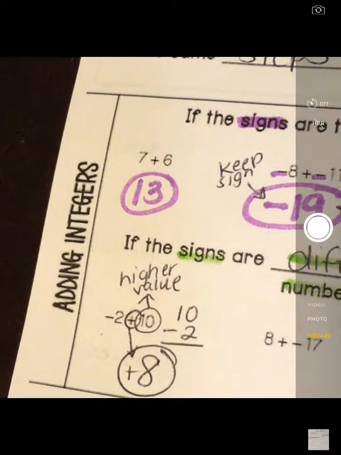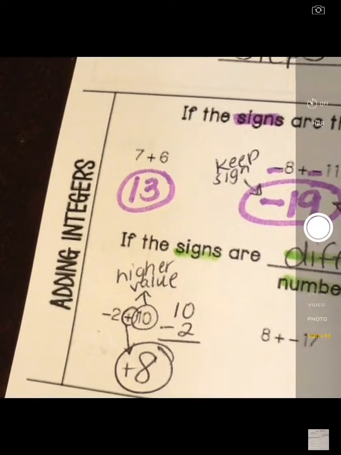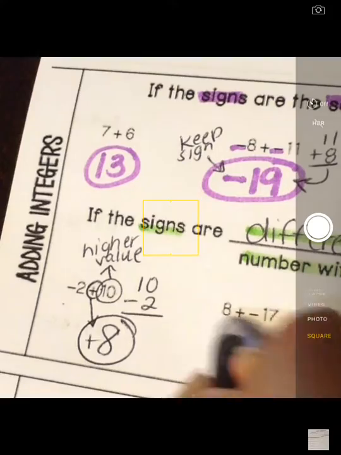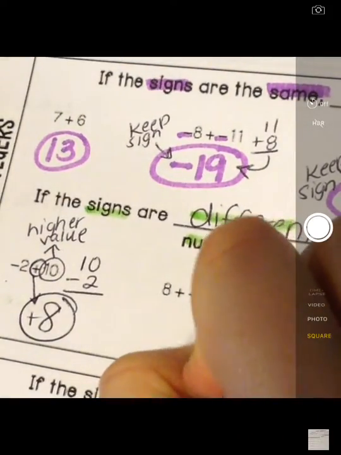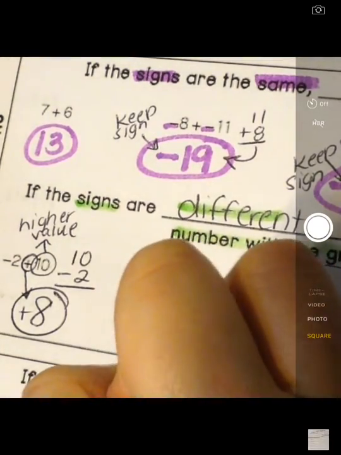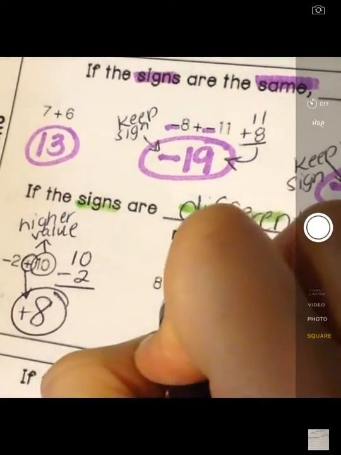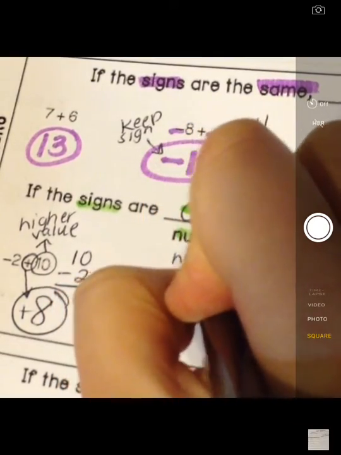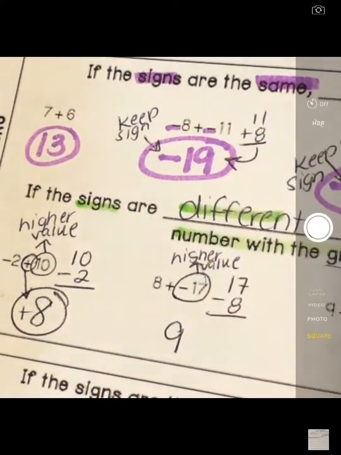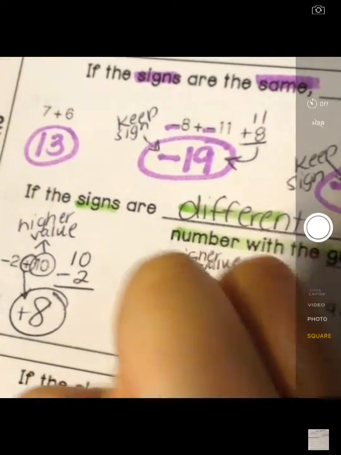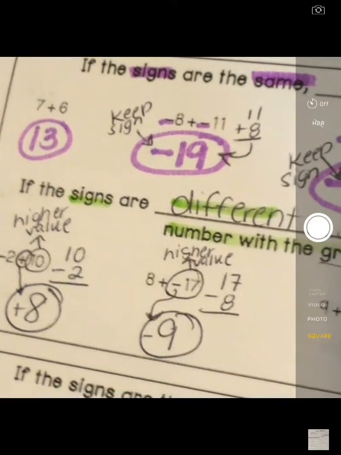So this would be a positive 8. Next, different signs, so I subtract. 17 minus 8 is 9. 17 is the higher value, and it has a negative sign. So this will be a -9.